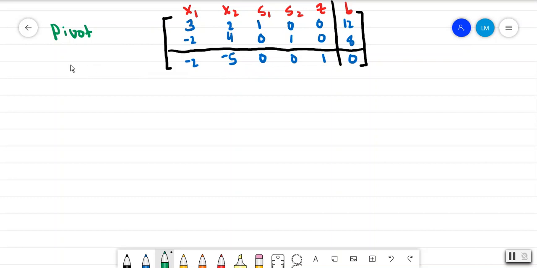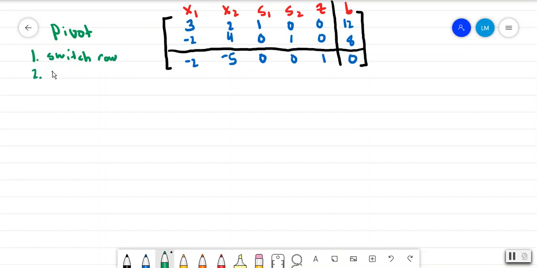But before we get there, the thing about pivots is that it's almost exactly like finding the row operations. So you can switch any row that you want.